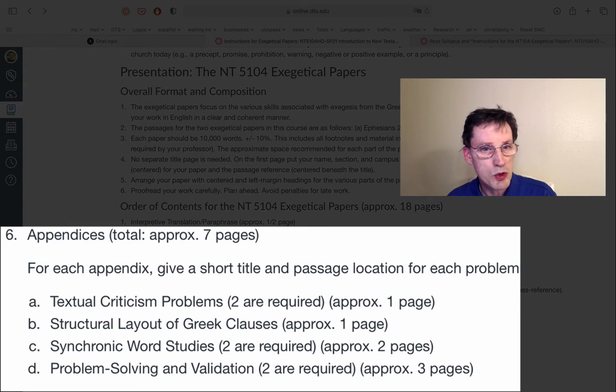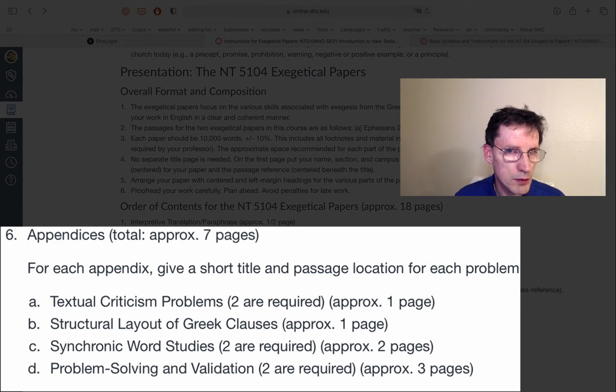You want your structural layout that you've already turned in a couple of times, and then your synchronic word studies. Remember, that's just the New Testament and related literature portion of a word study. Of course, make sure that summary really catches how that word contributes to the meaning of the passage.